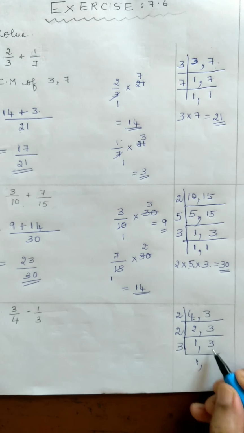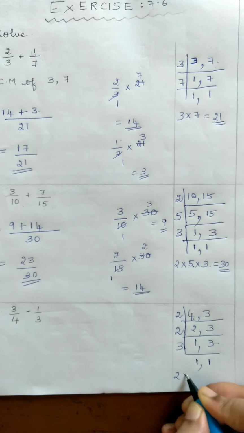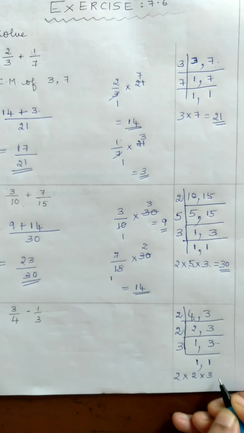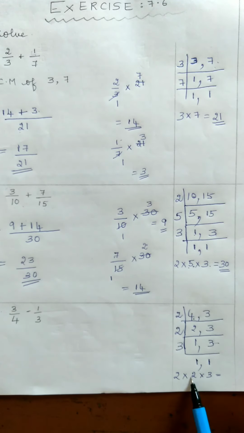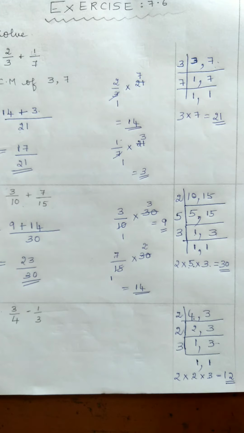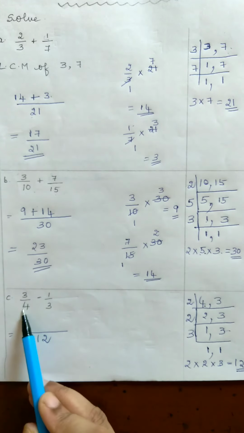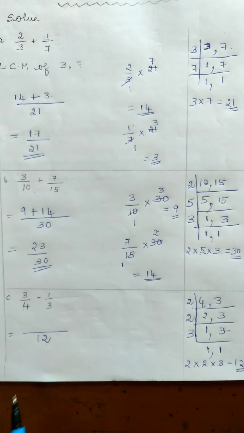3 1 and 3 1s are 3. Multiply 2 into 2 into 3. We know that 2 2s are 4. 4 3s are 12. Therefore, the LCM will be equal to 12. Now we have 3 by 4. See the denominator 4. 4 how much are 12? 4 3s are 12.